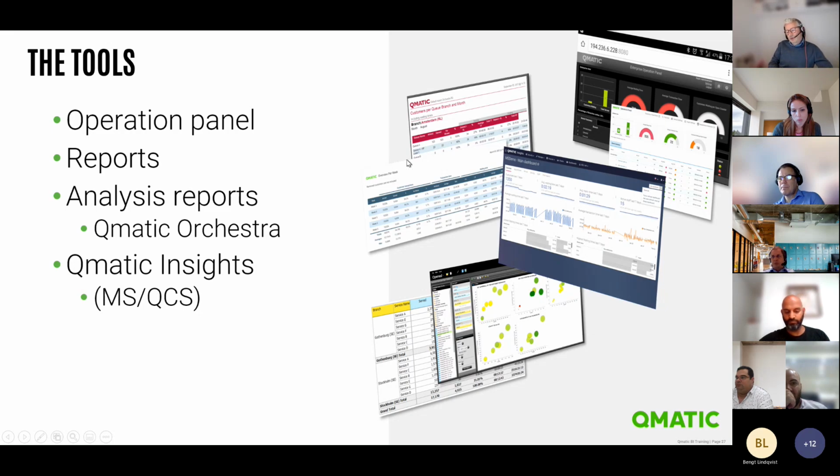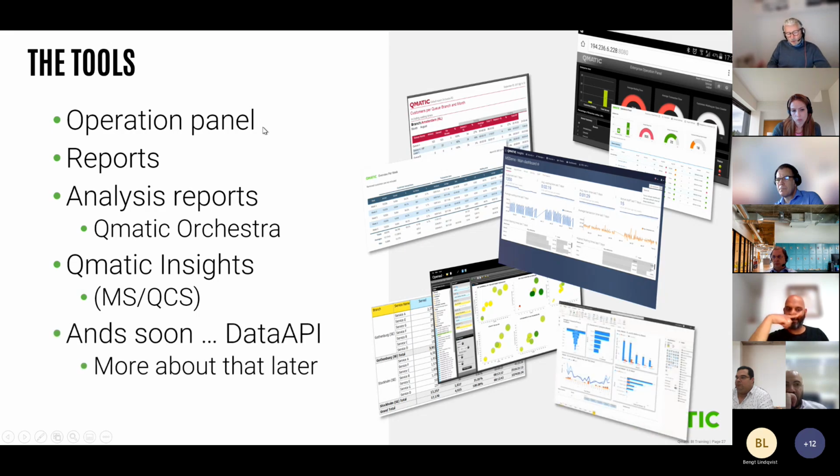We're going to use the same reporting and the same reports for all our solutions, both cloud solutions, managed service, and on-prem. Soon we will talk more about the data API, but I have a little more information about that later. Am I allowed to talk about it, Dasha?